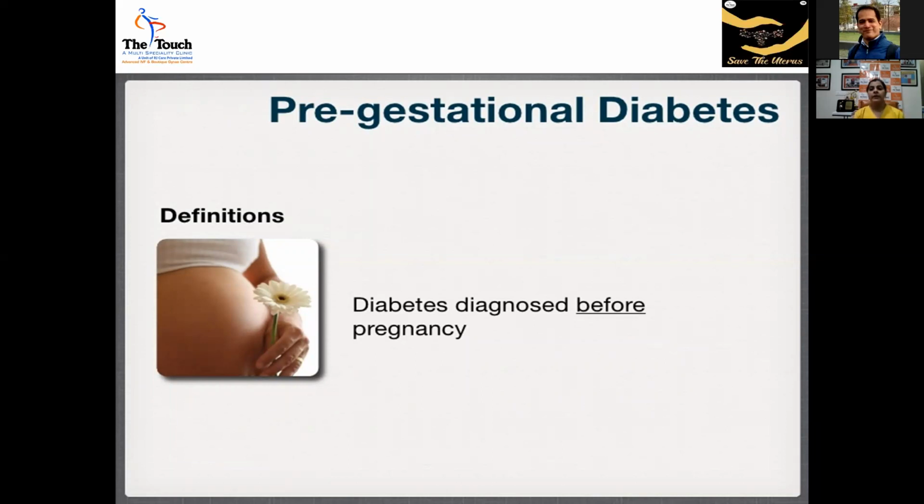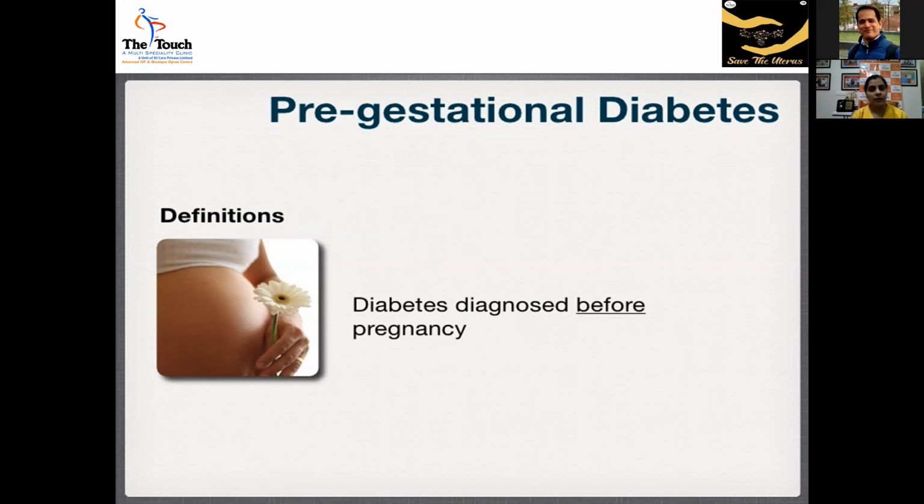We always tell that women or couple who are planning to have a baby, they should always come for a pre-pregnancy advice, because that time few blood tests should be done, like their blood sugar levels, thyroid levels, their blood group should be tested, HB electrophoresis has to be done to rule out thalassemia, rubella, varicella, IgG antibodies should be tested, so that once you are absolutely healthy, then you should plan the baby.